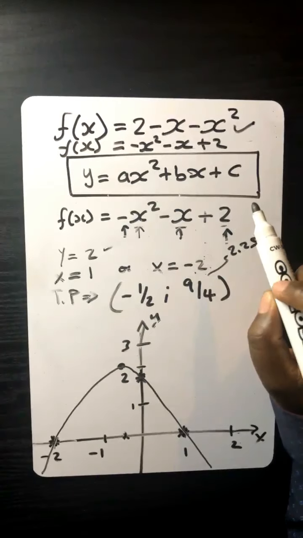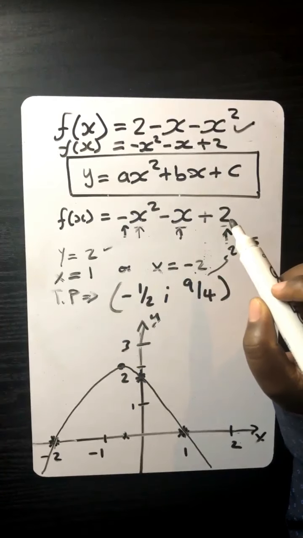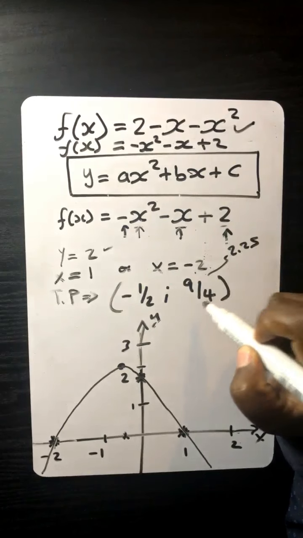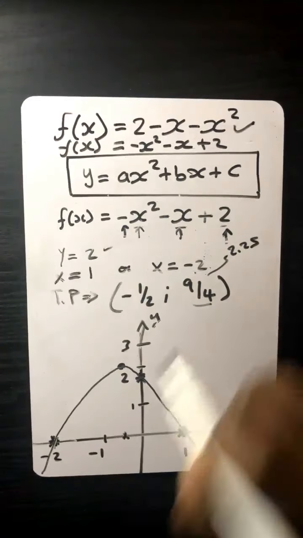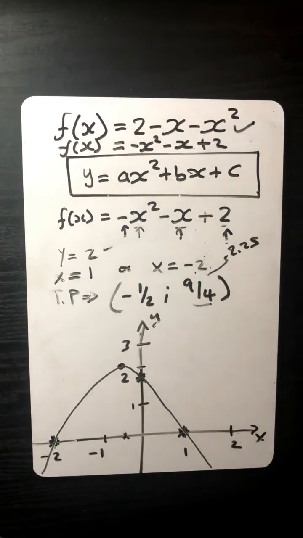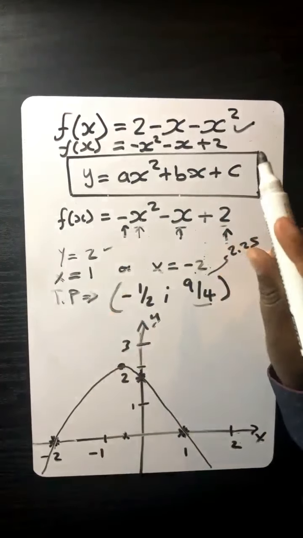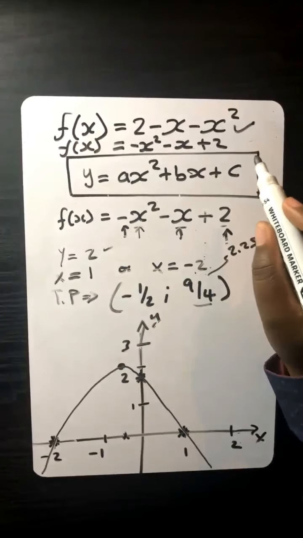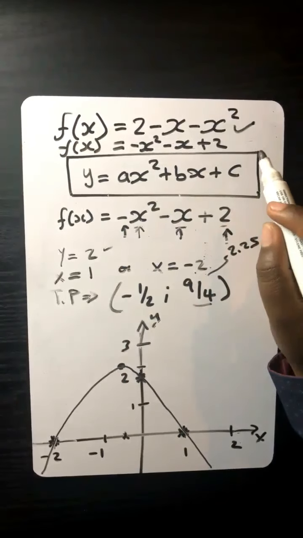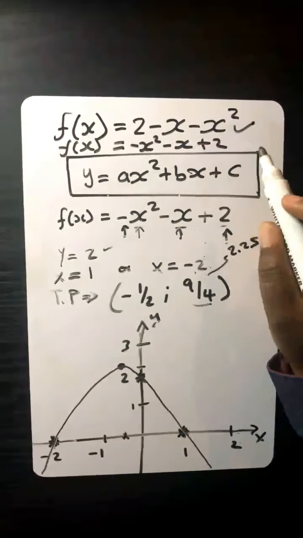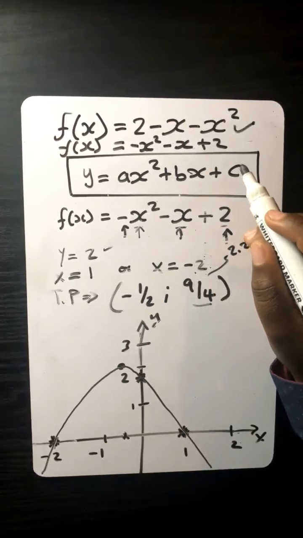Okay, so what I'm going to do quickly is show you how I got 9 over 4. Then from there, I'm going to advise you to catch up. If you go in the group, there's a link that I sent which teaches you everything you need to know regarding a parabola.